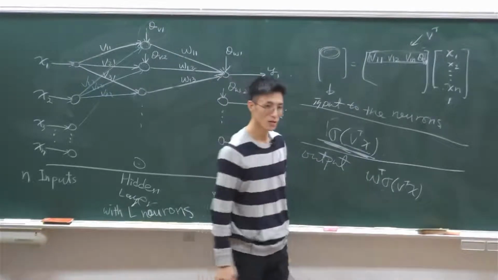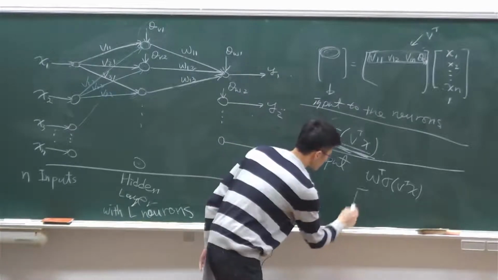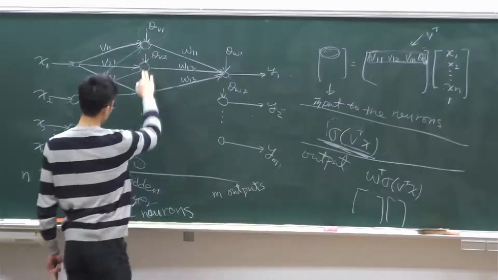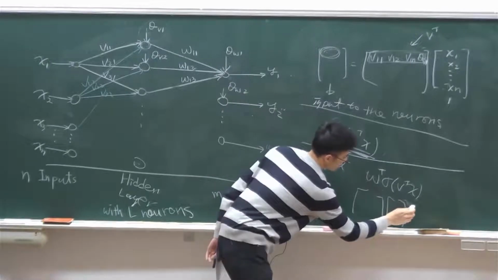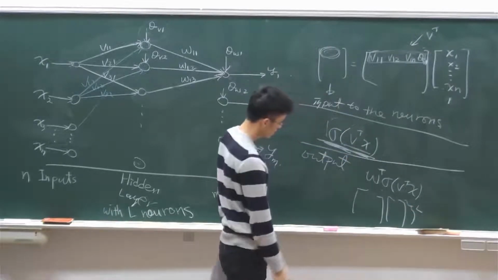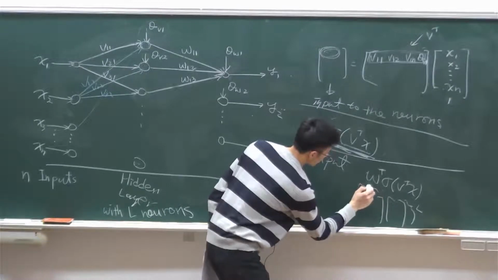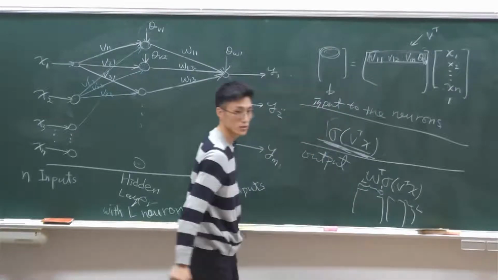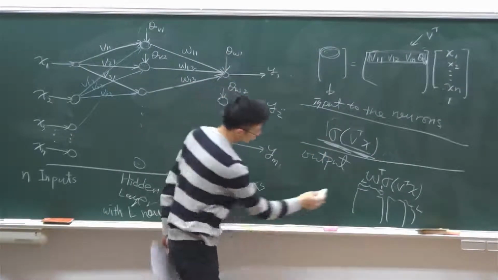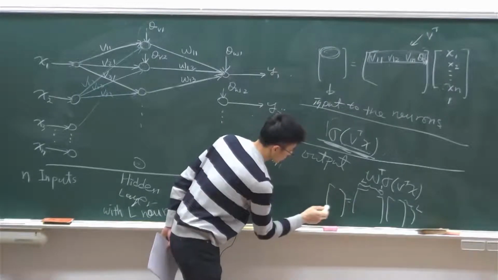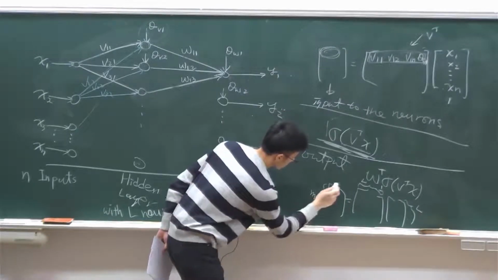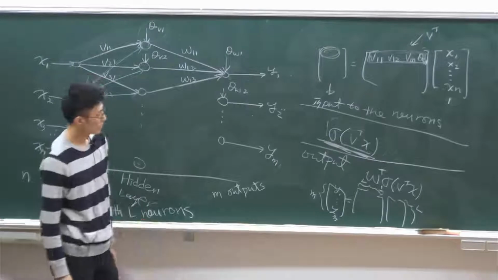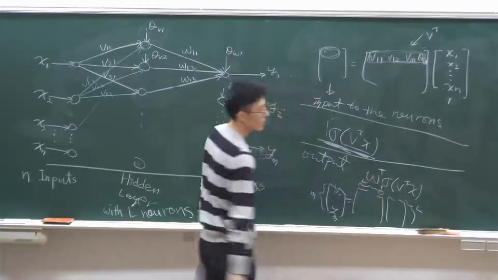Do you understand? Here the dimension should be the number of neurons, which is L. And here should be L plus 1, because of the offset, and that generates the output, and the dimension is m, because it's y1 to ym. So V and W are the weighting matrices to be estimated.